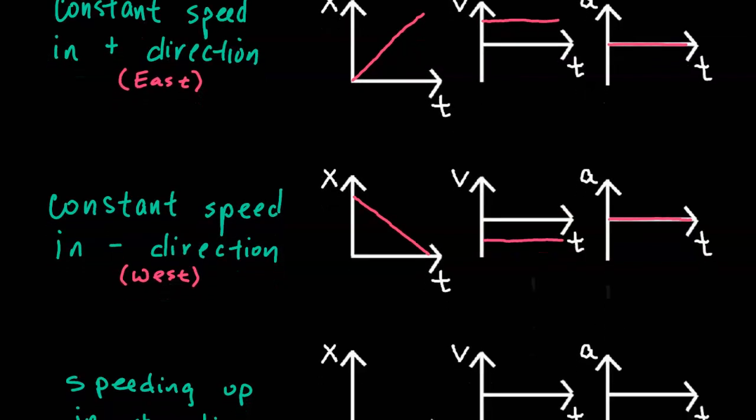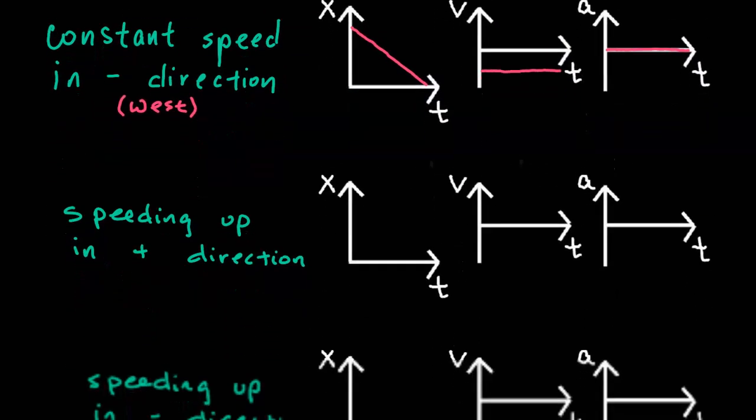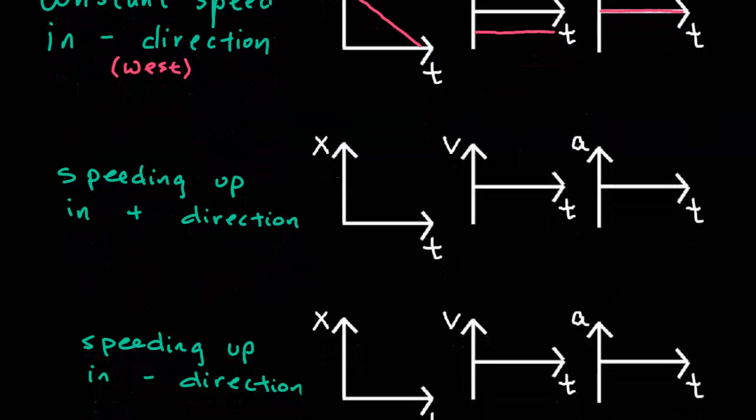Now let's take a look at a situation where the object is speeding up in the positive direction. The graph on the position graph is going to be curved. What you're going to notice is that it starts off flat, and then it becomes steep.